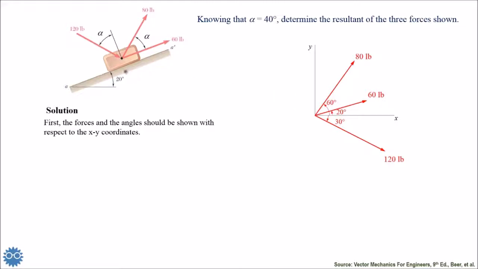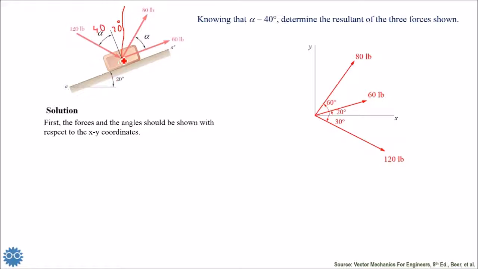Why? Because imagine here, let's use my pen. Here, if I draw a vertical line, this is a line, by the way, never mind about it. So here the angle is 20, and this is 40.